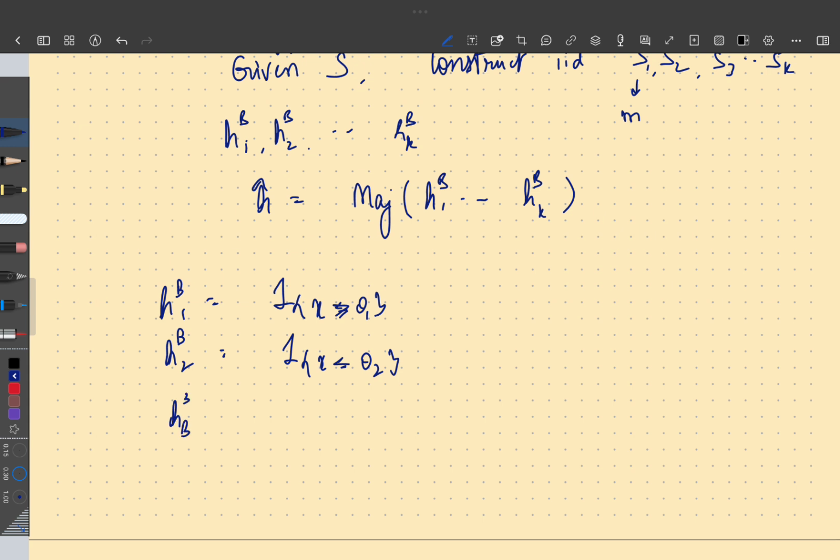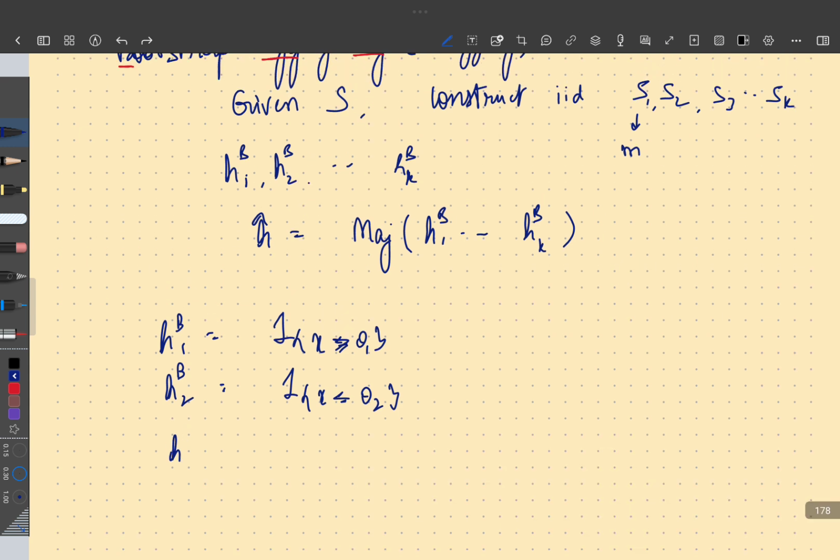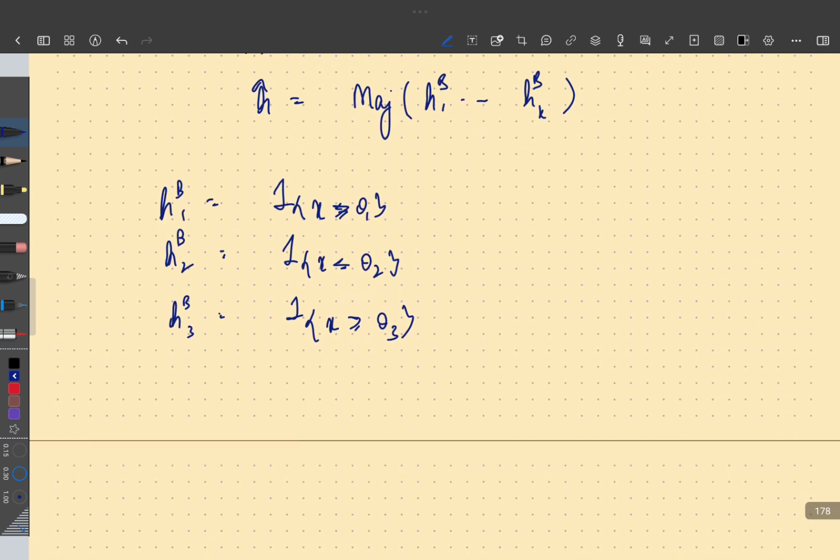H3b is the indicator of x greater than or equal to theta 3. Let's say that this is one such collection, and for now let's simply assume that theta 1 is less than theta 2, which is less than theta 3.